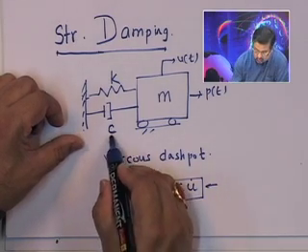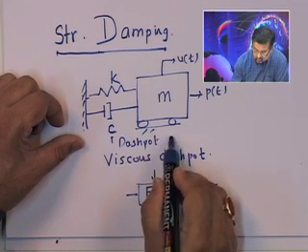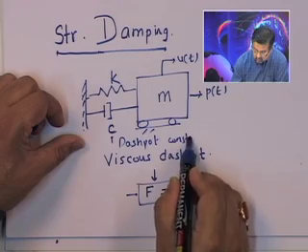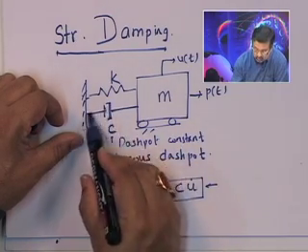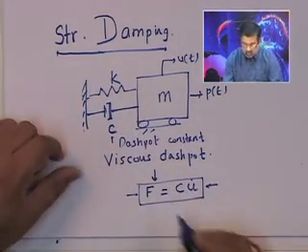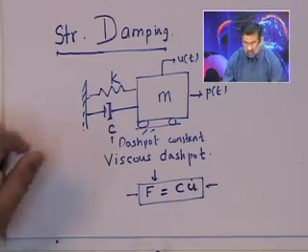So, this dashpot constant, and this is a characteristic of the viscous dashpot, is such that F is equal to C u dot.